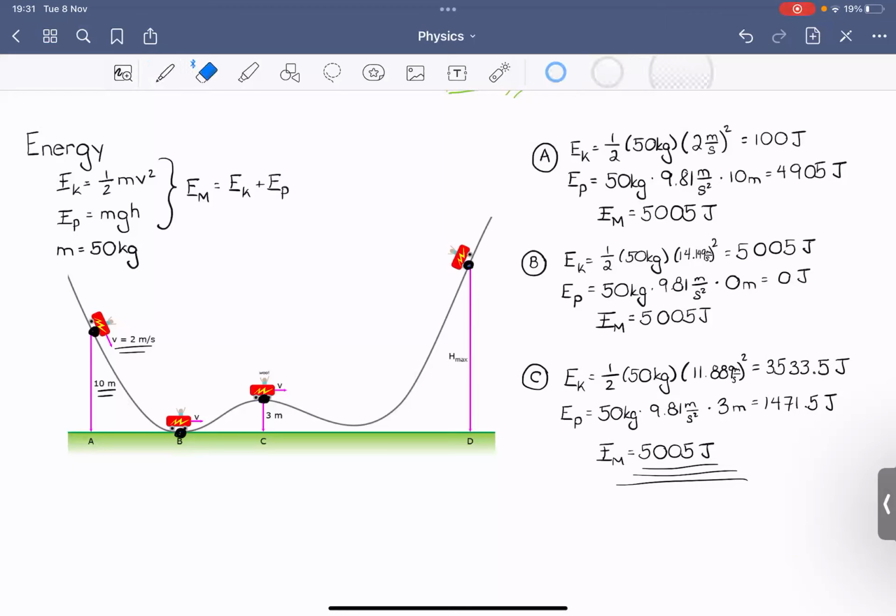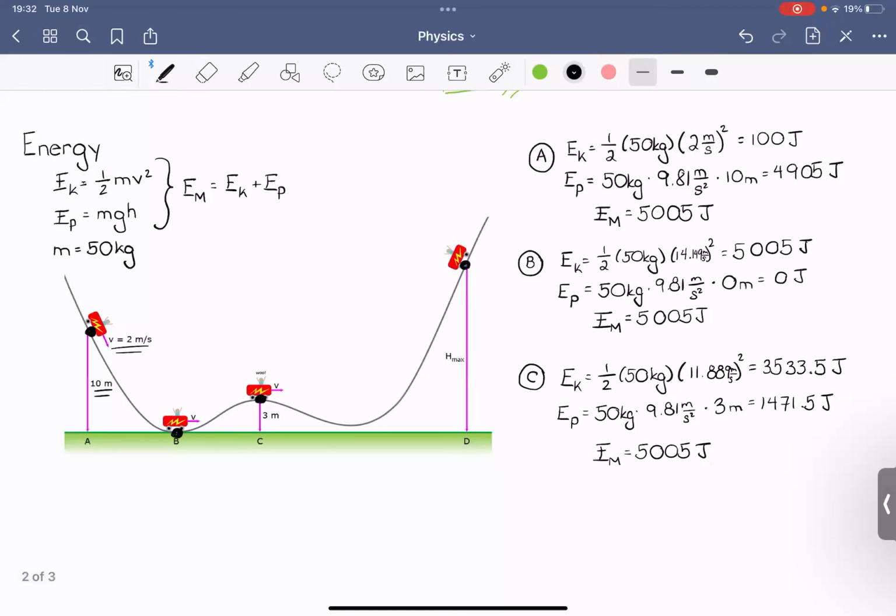Okay. And finally, in the very last point, we're looking for a maximum height. Therefore, at the maximum height, we can assume that our velocity is going to be 0.